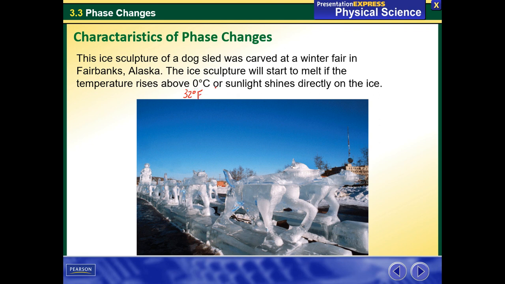The reason it's going to start to melt is because sunlight is shining directly on that ice and heating it up. So this ice is actually absorbing energy from its surroundings. It's taking energy from the sun, causing those particles to get more energy and start moving, so they're not as tightly packed as a solid. They're going to start moving and spread out and turn into a liquid.